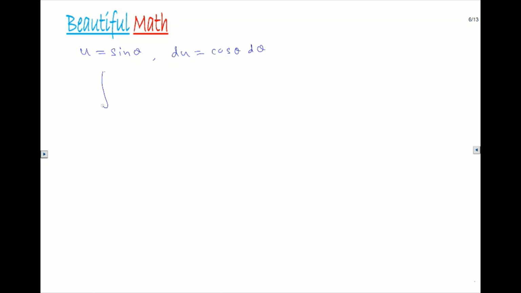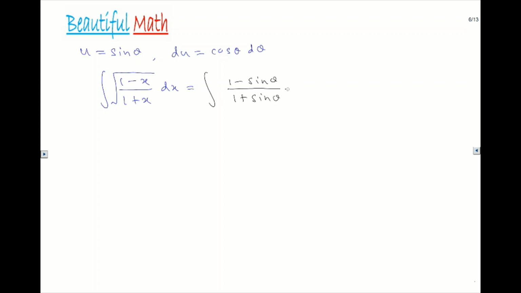So our integral, the square root of 1 minus x over 1 plus x dx, now becomes 1 minus sine theta over 1 plus sine theta.